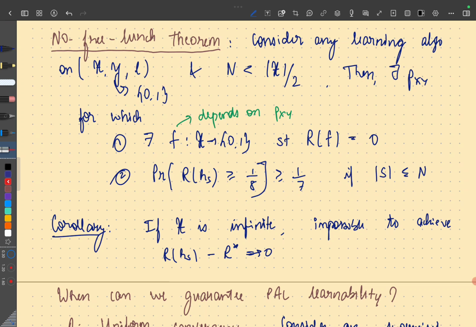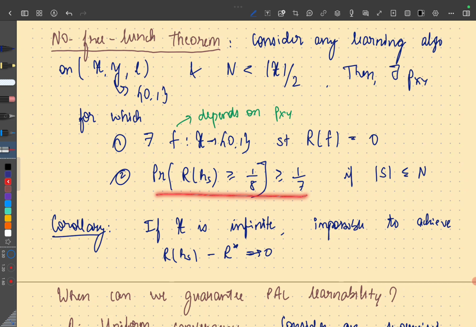I think it would be better if you mention that HS belongs to the set of all functions. So HS could in general be drawn from some restricted class, because I'm not saying anything about the learning algorithm. The learning algorithm could implicitly use a particular hypothesis class. But the comparison being made is with respect to the optimal function from the space of all possible functions.